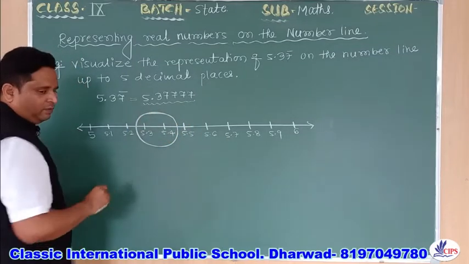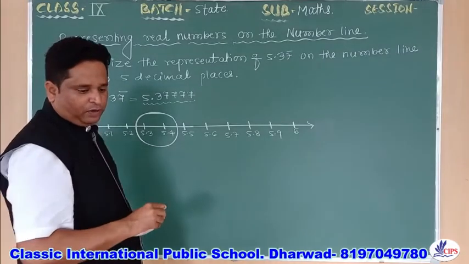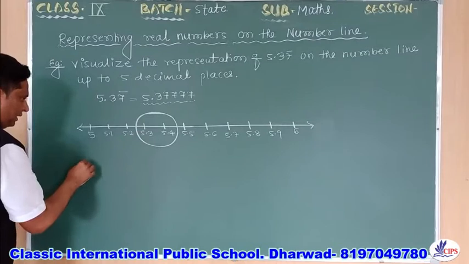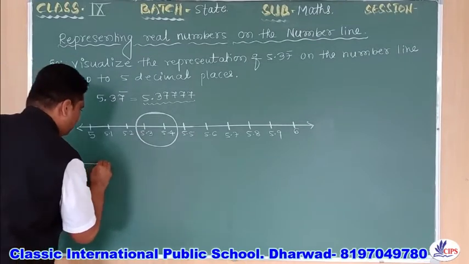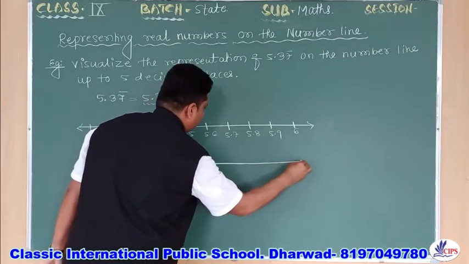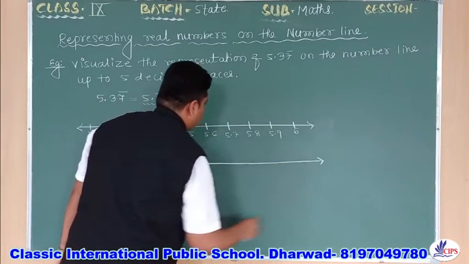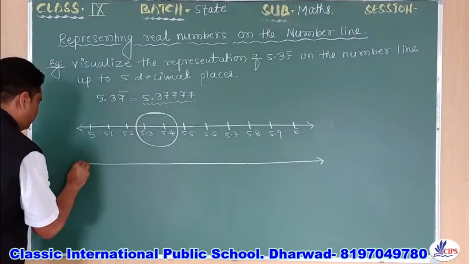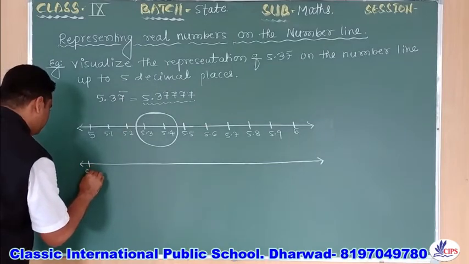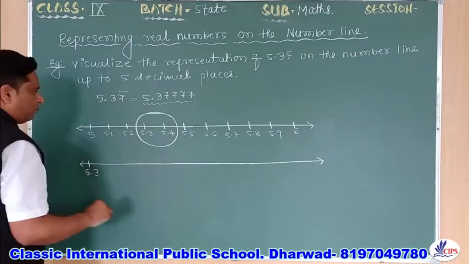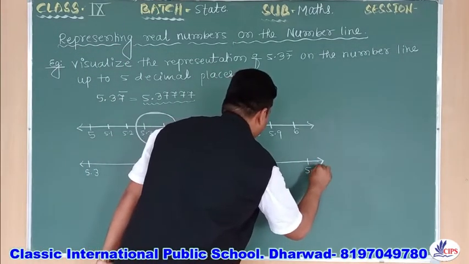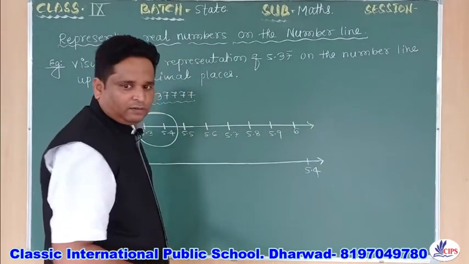Then I'll bring this 5.3 down and I'll draw one more line over here. I'll start from here 5.3 and I will wind up with 5.4.